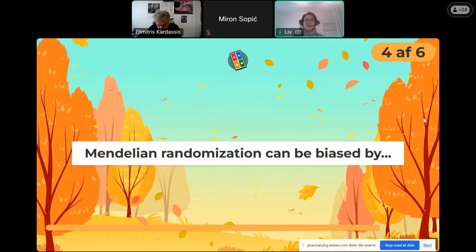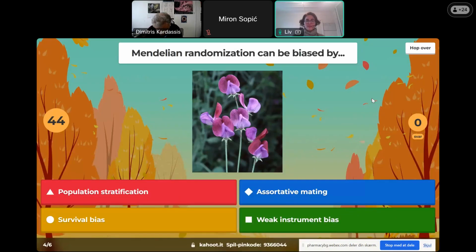Mendelian randomization can be biased by population stratification, assortative mating, survival bias, or weak instrument bias.